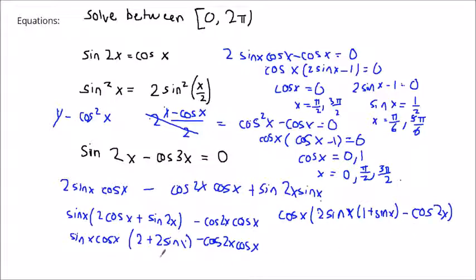I might have made a mistake. Please don't think that I never make mistakes, because I do, and if I make a mistake here, please tell me. Cosine 2x is equal to cosine squared x minus sine squared x, so that's just 1 minus 2 sine squared x. This is 2 sine x, and this is plus 2 sine squared x.